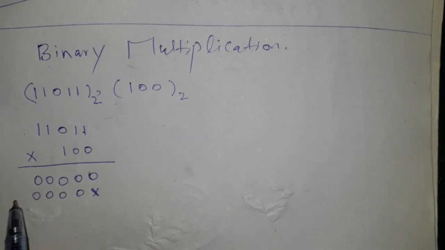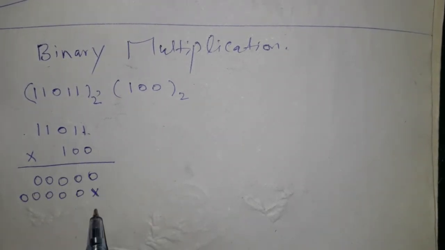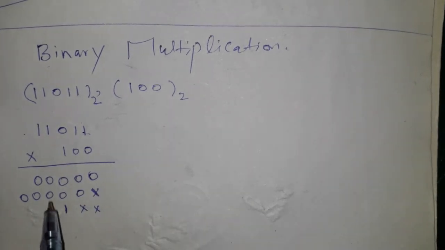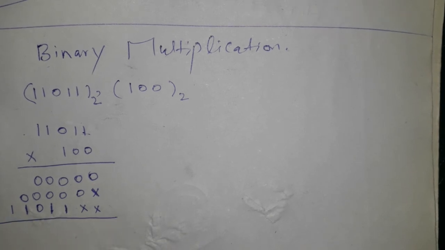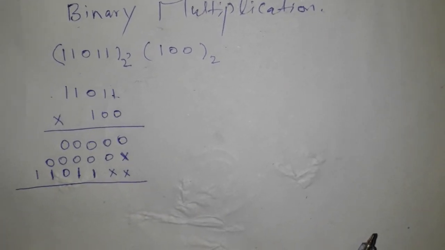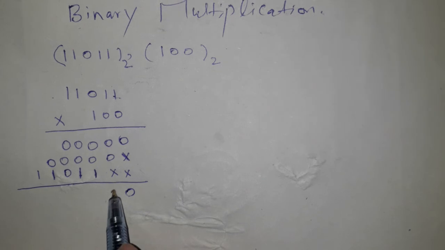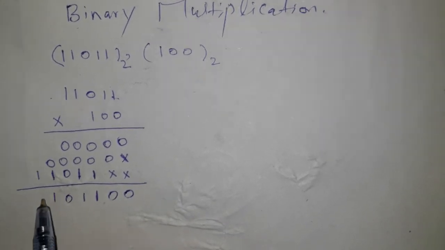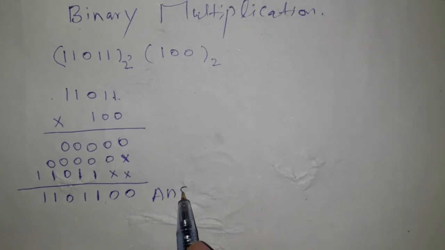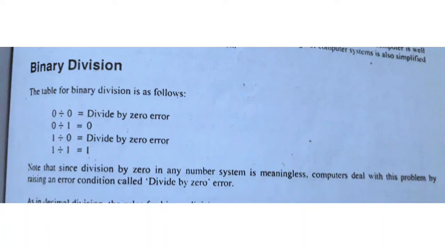A left shift is also used, and at the end all the results are added from right to left. This is the same as decimal multiplication, but only binary digits are used. This is the answer.